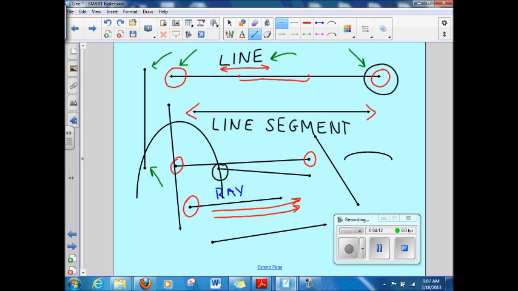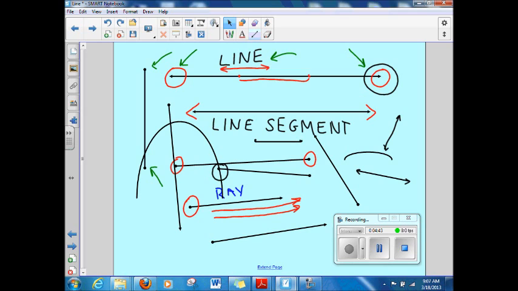Let's go back to that straight one. And here we have a line segment if we put the dots on the ends. And here we have a line if we put arrows. Now that one is a little crooked, isn't it? Let's go back and make that line straight. There's a straight line, and let's put arrowheads on the end. That's a line. Okay? So we have line, line segment, and ray.